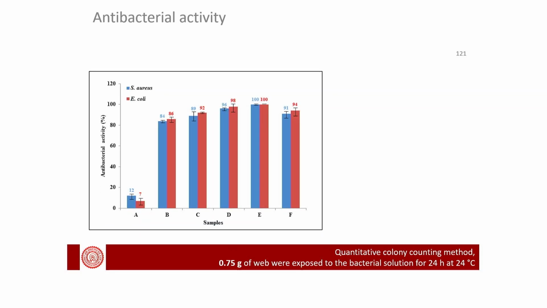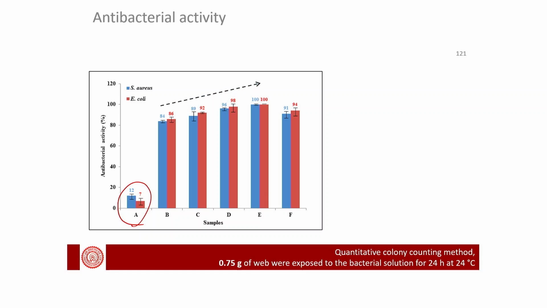Then we tried to find the antibacterial activity. So, antibacterial activity here, this is simple 100% PLA, there is no chitosan here, which shows that the antibacterial activity of PLA is not there.